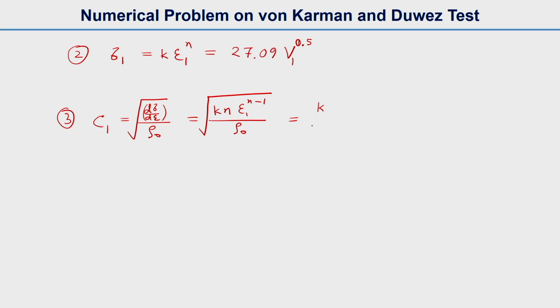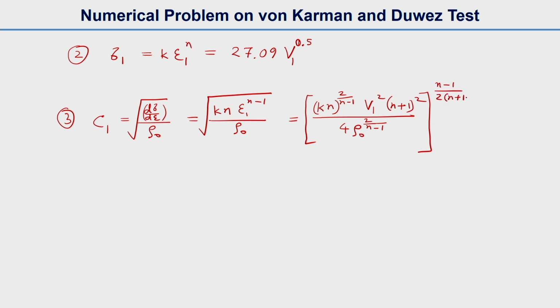I am writing the final expression: k n to the power 2 minus n minus 1, V1 squared, (n plus 1) squared over rho naught, all to the power n minus 1 over 2(n plus 1), in square brackets.